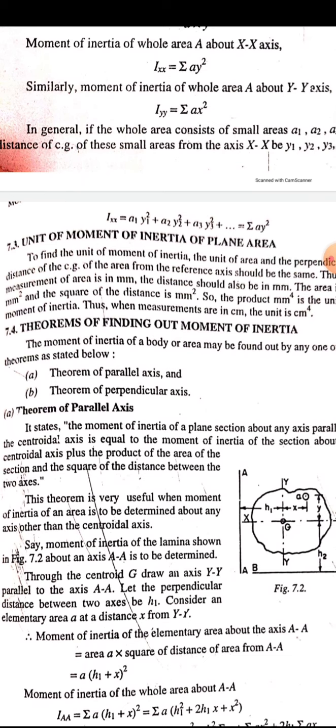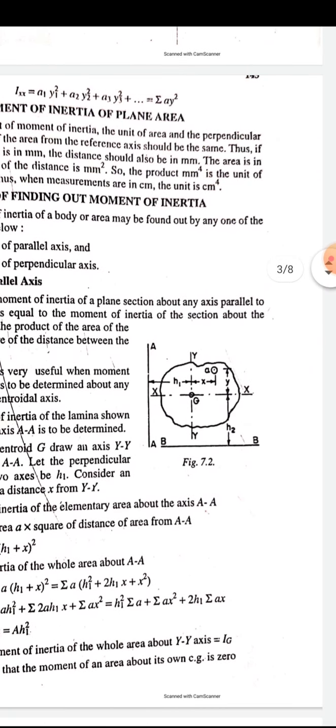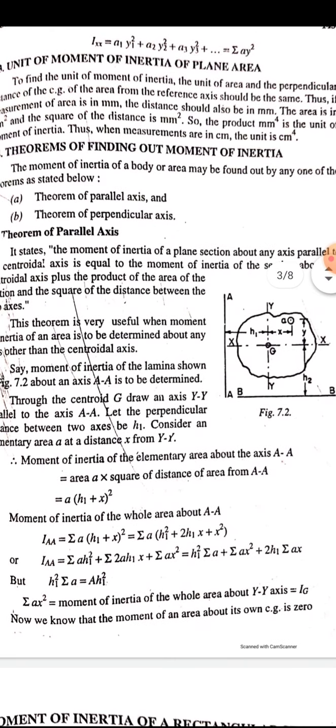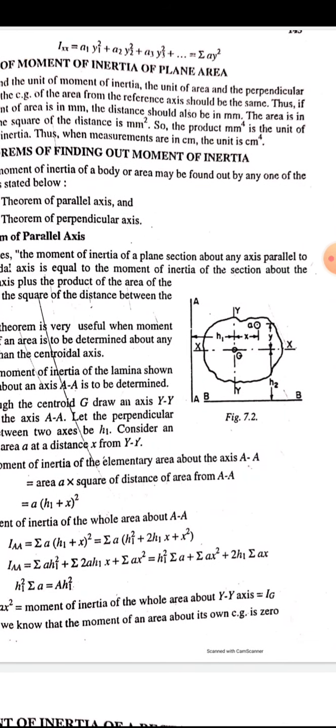Then theorems of finding out the moment of inertia. Two type method, theorem of parallel axis and other is theorem of perpendicular axis. Parallel axis, this is the parallel axis, just see it, picture.